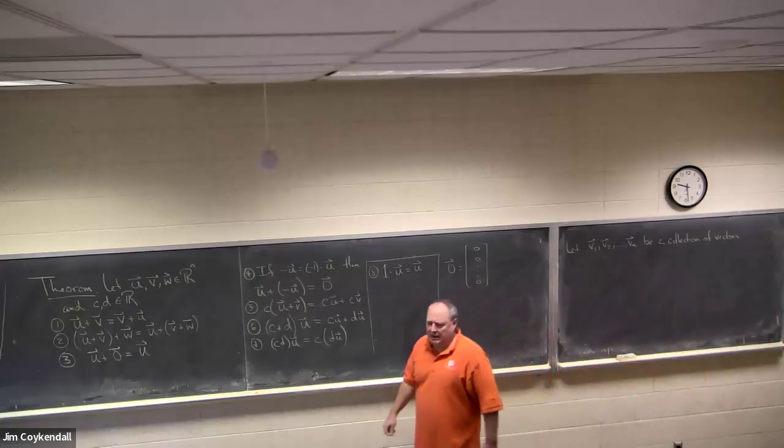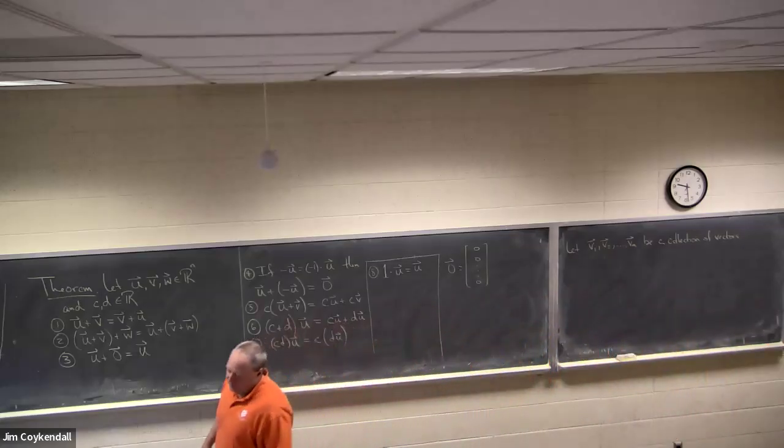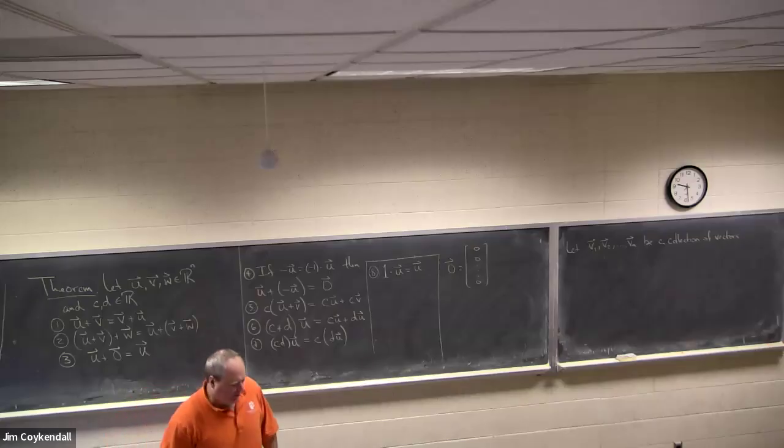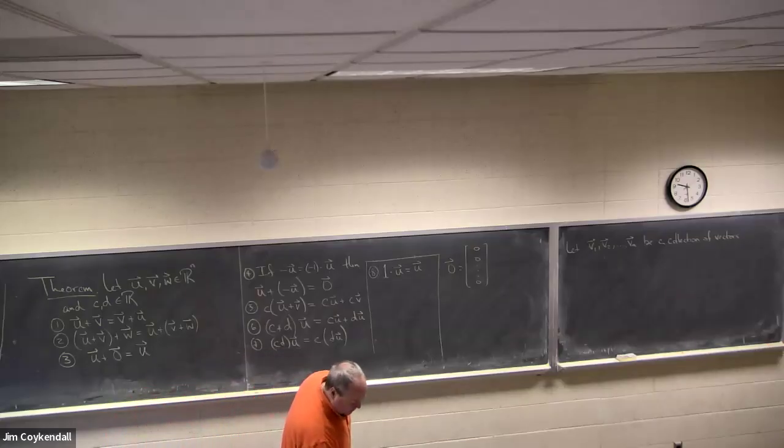So this is any collection of vectors. Actually, it can also be an infinite set, but we're going to start just right here. We just assume that I have only finitely many vectors.